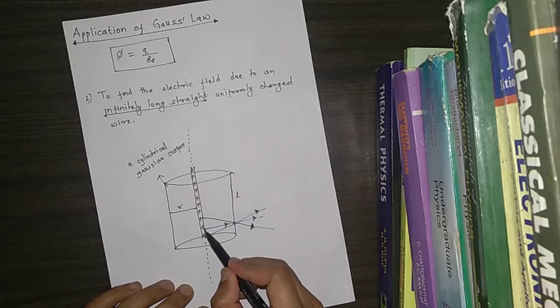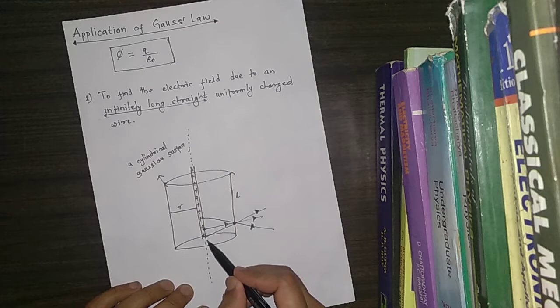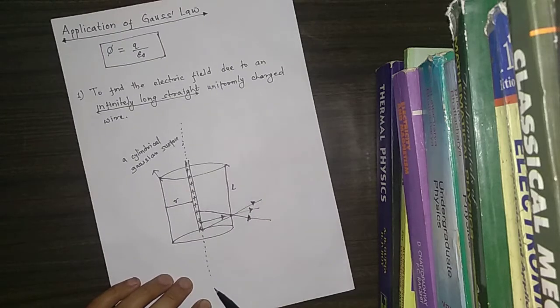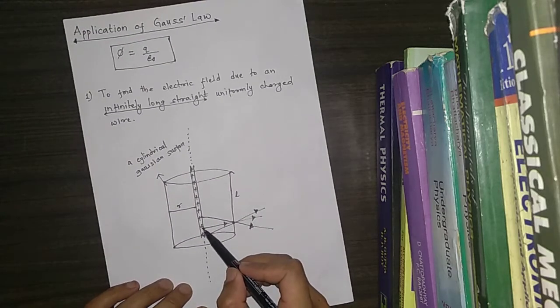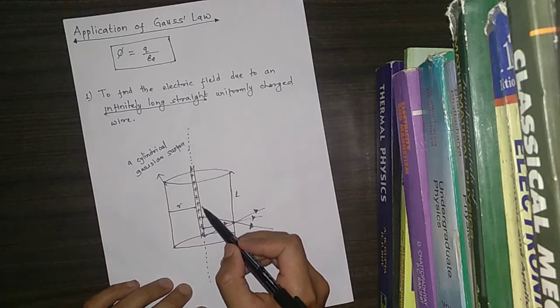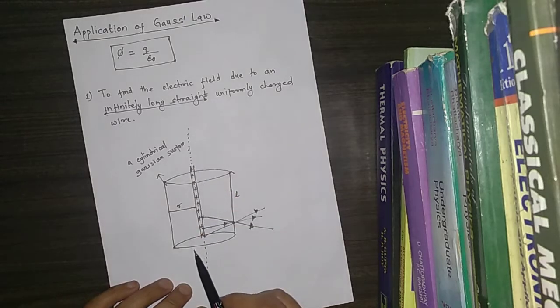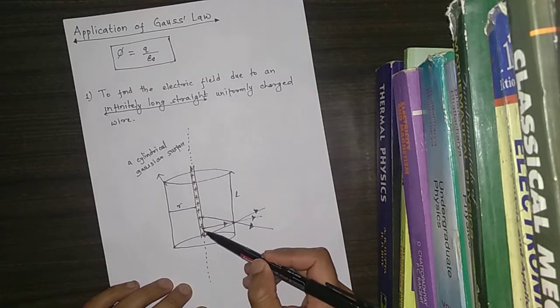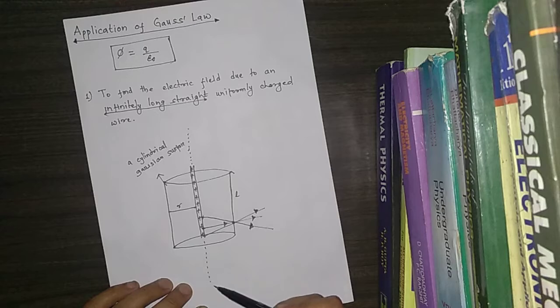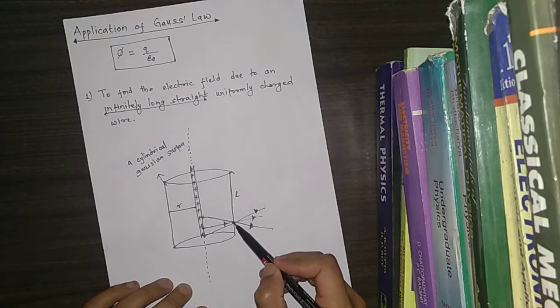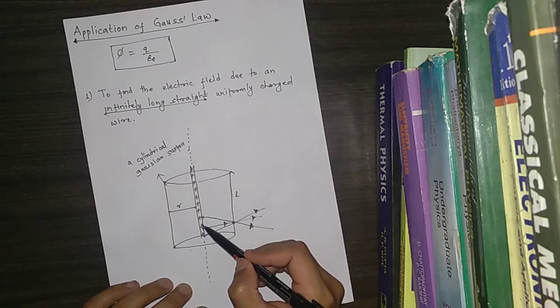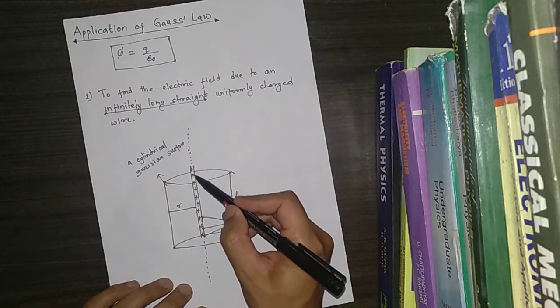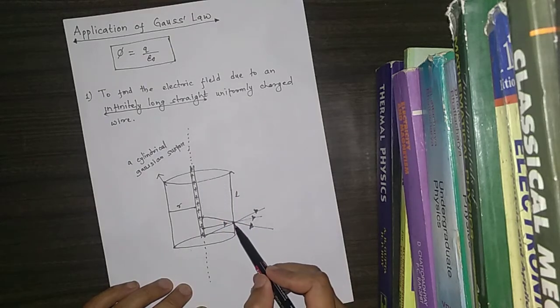The length of wire downward from this point is infinite, and the length upward is also infinite. That means the total number of charges contributing the electric field from below will equal the number contributing from above.